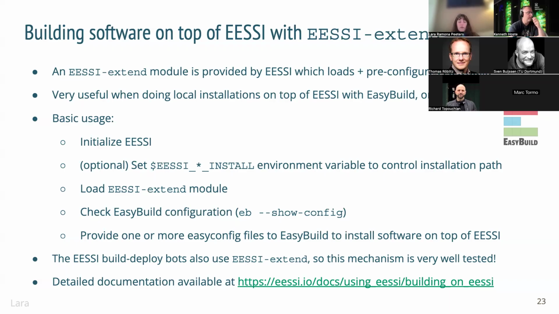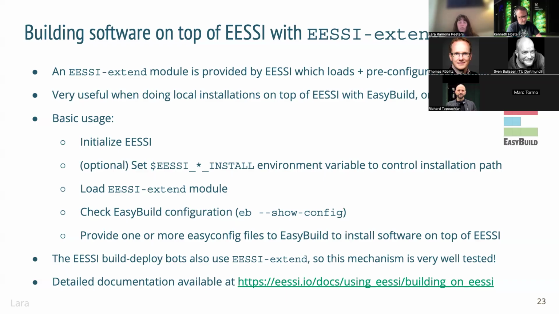A basic usage of it, I have now already explained a little bit, but you first initialize EESSI. You can also set up environment variables, EESSI install environment variables, which you can set if you're installing for a user or a project or site. We'll go more into that in the next slide. Then you load the EESSI extend module.